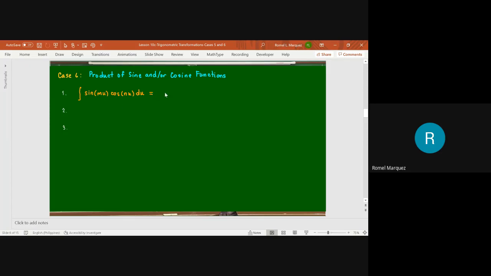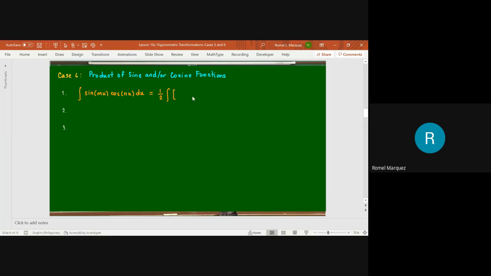So this is equal to 1/2 times the identity of this, no? What's the identity of sine times cosine?